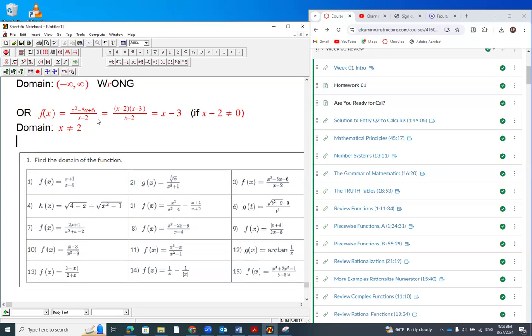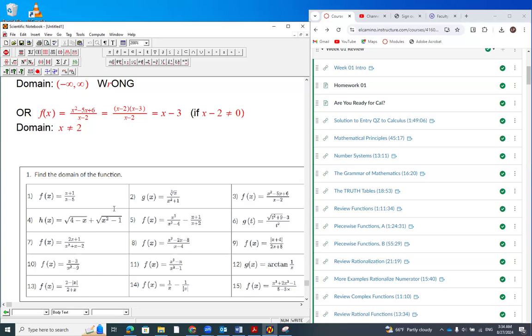And next, I will get to number 4 just a little bit, but I'm going to check out this absolute value situation. There's a number 9, and there's a number 14.